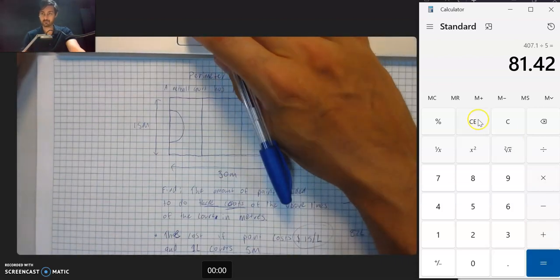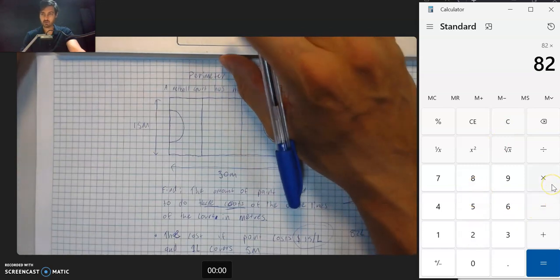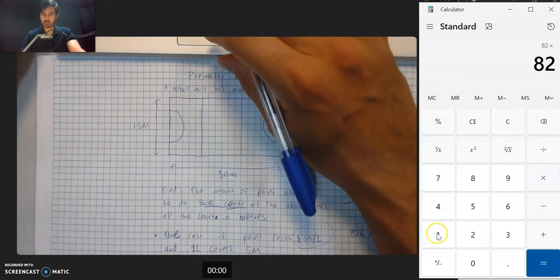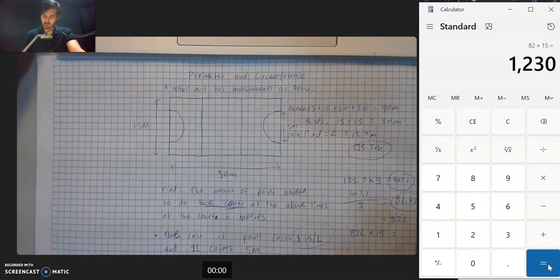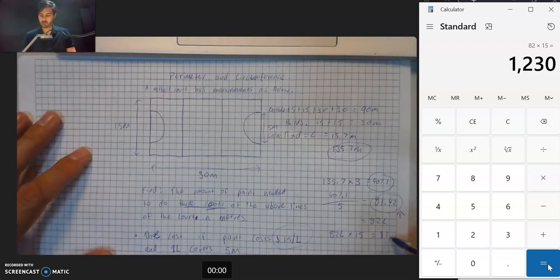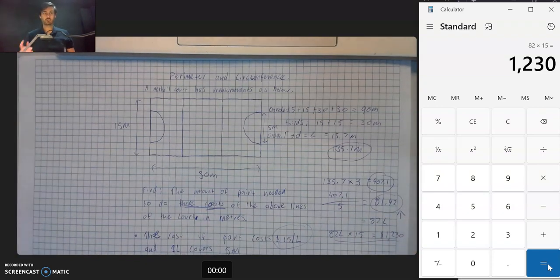And this is going to give us our cost, so 82 times by 15. That's going to give us $1,230.